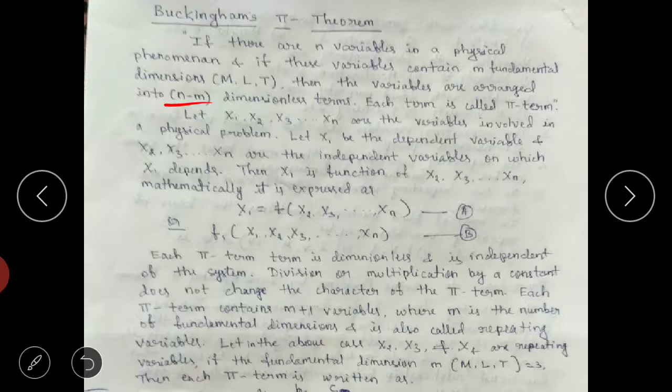Let x1, x2, x3 up till xn be the variables involved in a physical problem. Let's suppose there are n number of variables. Let x1 be the dependent variable and the remaining be the independent variables. In every problem it is very important to identify the dependent variable and the remaining independent variables.